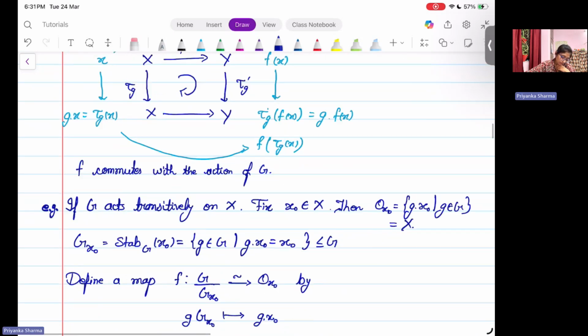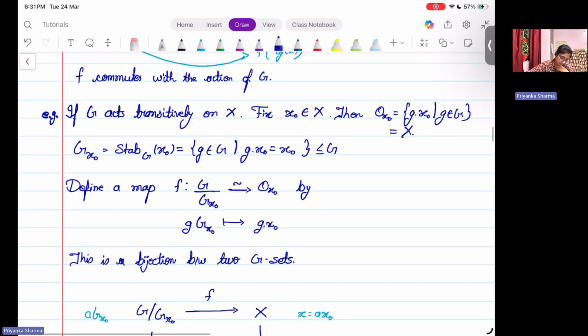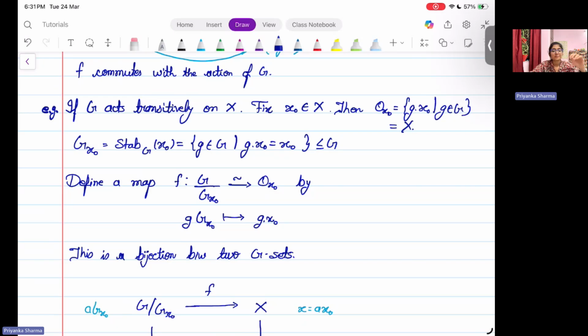Okay, now an example of a morphism. Suppose G is a group and it acts transitively on some non-empty set X. We fix an element x naught belonging to X, then what will be the orbit?